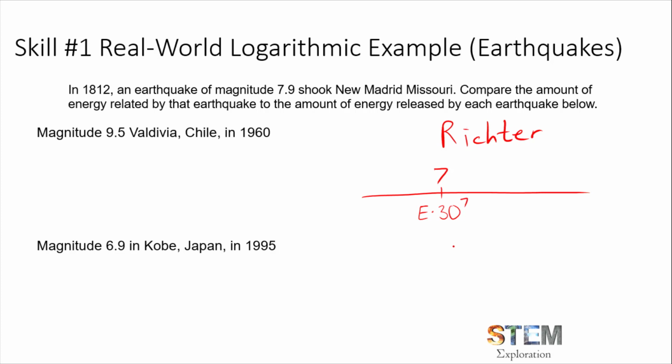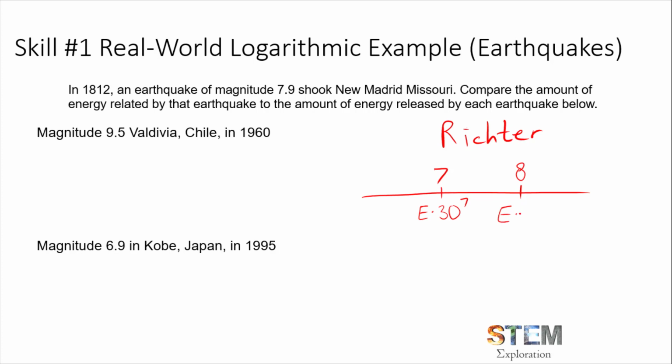And so what this allows you to do is, if you are going from 7 to 8 on the Richter scale, you are saying that a level 8 earthquake, or an earthquake that would be an 8 on the Richter scale, is 30 times more powerful than an earthquake that would receive a 7 on the Richter scale.